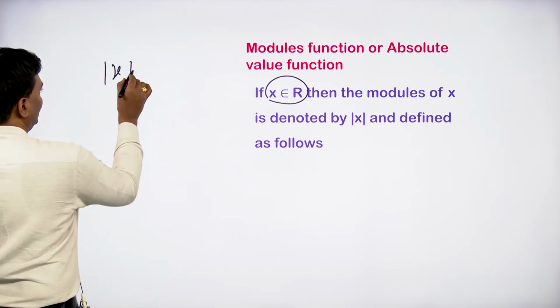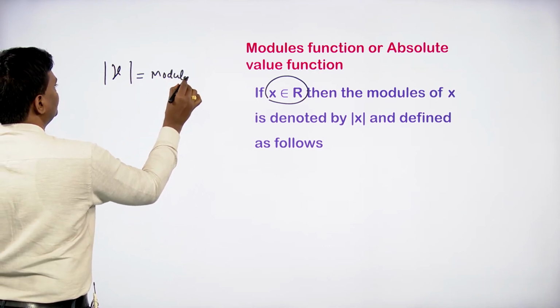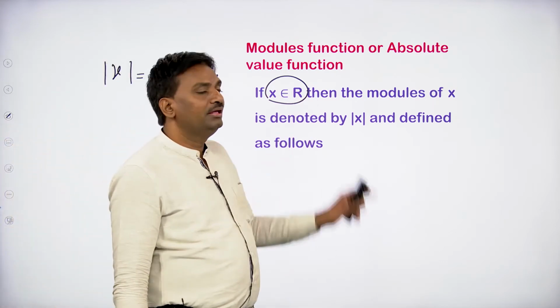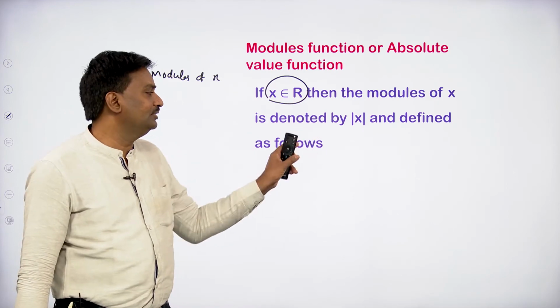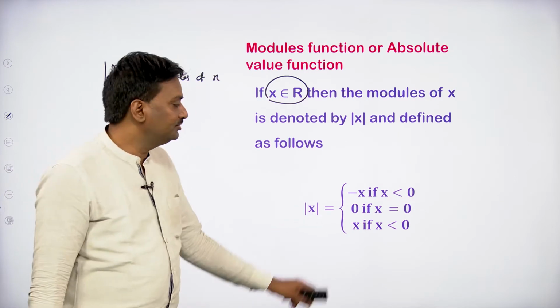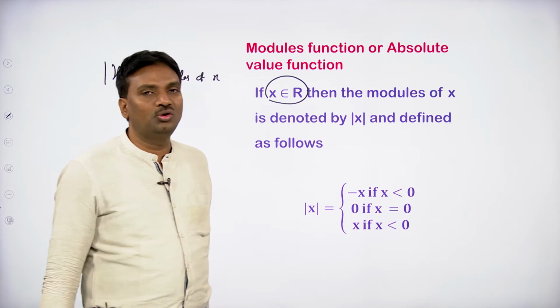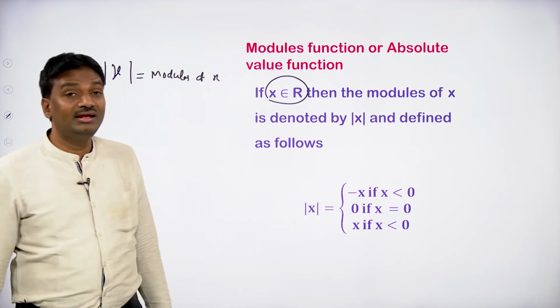This can be read as modulus of x. If x is any real number, then the modulus of x is denoted like this and defined as follows. Mod x equals minus x if x is less than 0, mod x equals 0 if x equals 0, and mod x equals x if x is greater than 0.